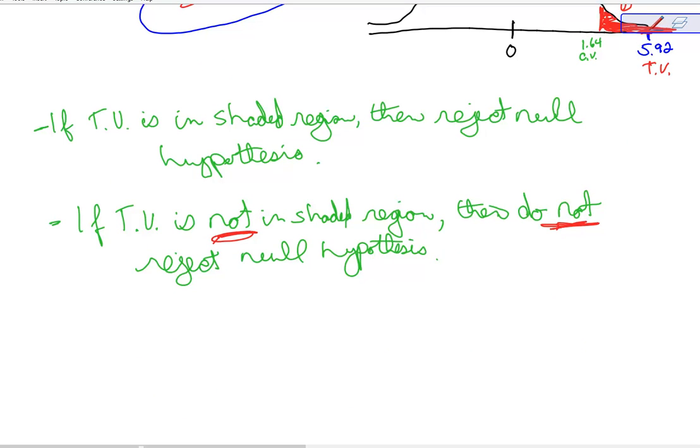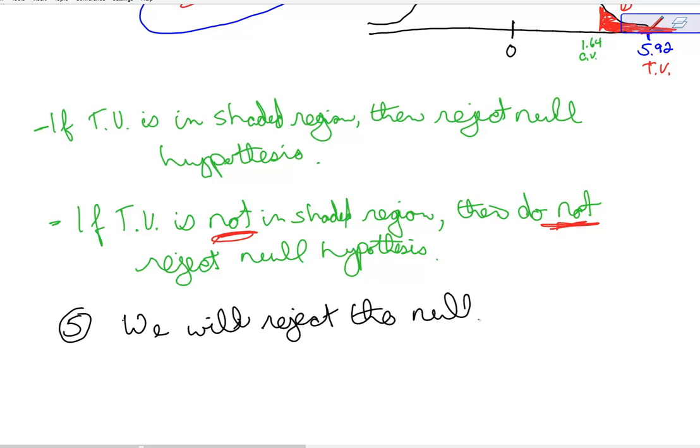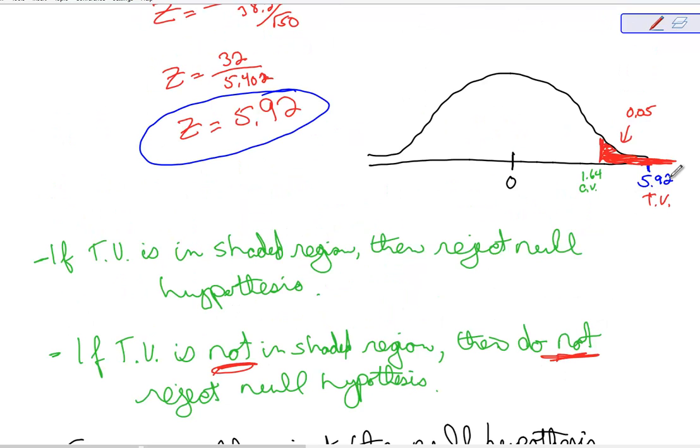So our step 5, where we want to make the decision to reject or not reject the null hypothesis, we say we will reject the null hypothesis. For our particular problem, because again, it is in the shaded region.